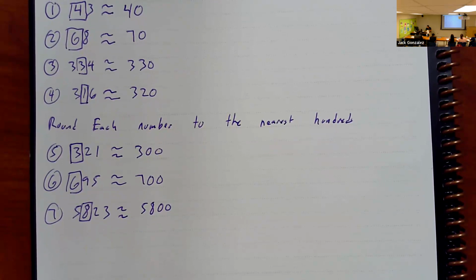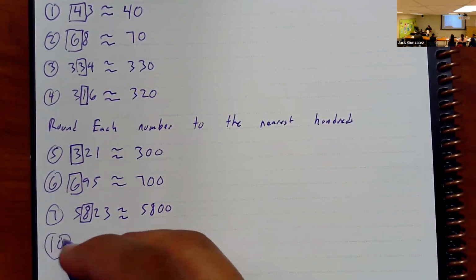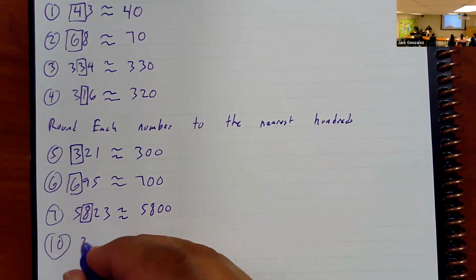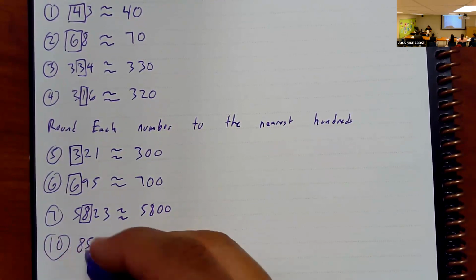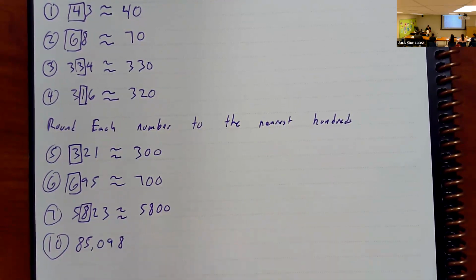All right. What about, let's skip to 10, 11. Those look more interesting. $85,098. So which one's the hundreds place?